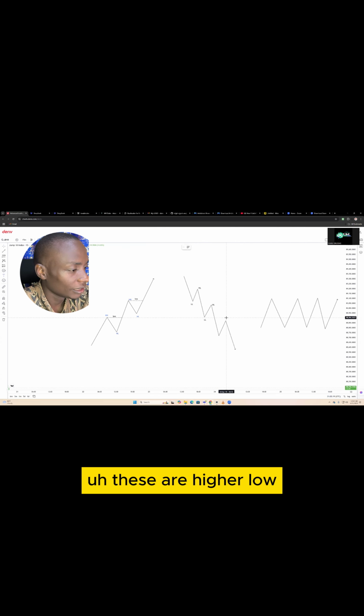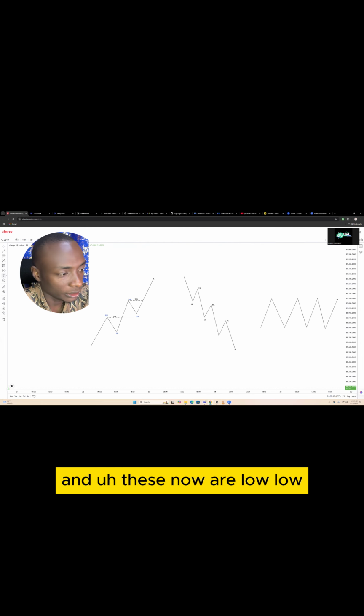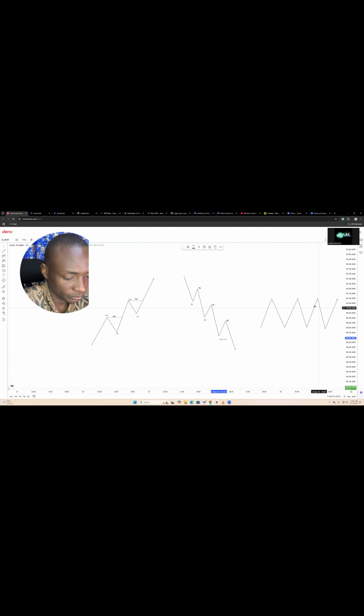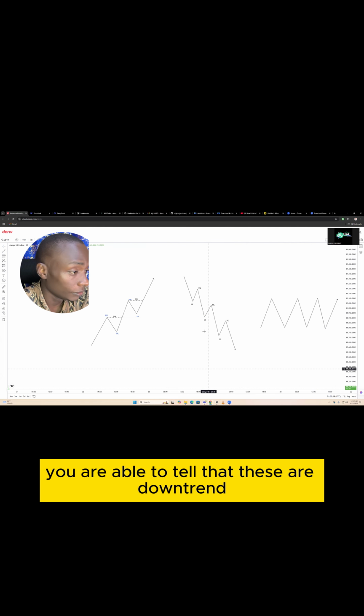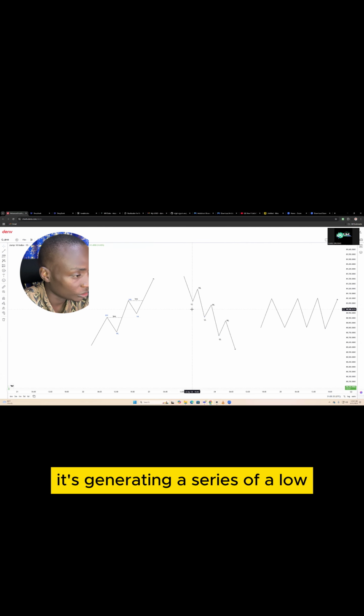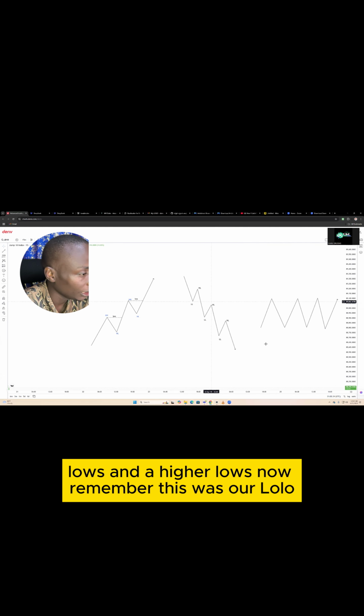These are lows, and these are lower highs. These are lower highs, and these now are lower lows. Just like that, you are able to tell that this is a downtrend. It's generating a series of lower lows and lower highs.